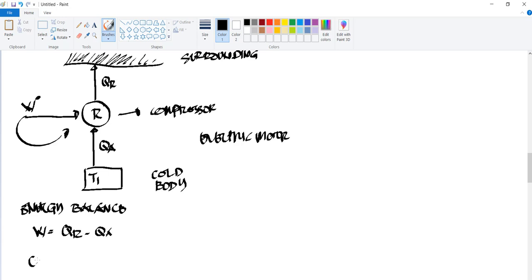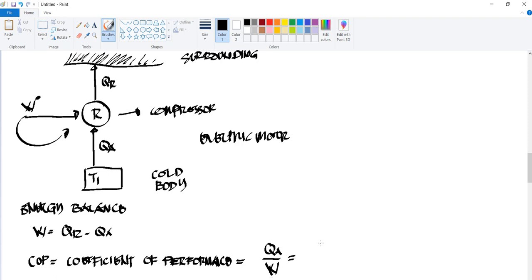And we have your COP, the coefficient of performance, which is the ratio of your Q absorbed to the work supplied to the system. Or we can say this is your Q absorbed over your Q rejected minus your Q absorbed. So you will notice the difference from earlier.